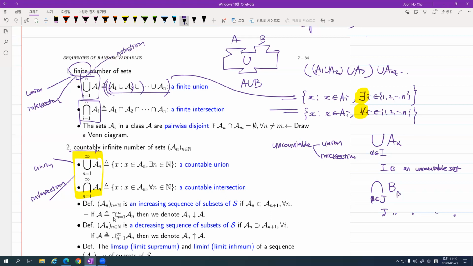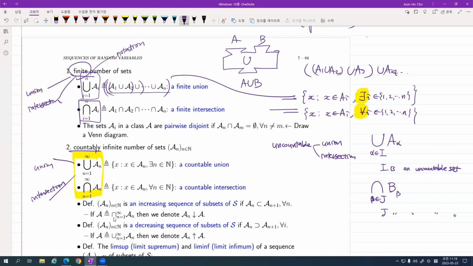And you may find it interesting because if you restrict this index set to a countably infinite set, what's the difference between this and that one? If you restrict the index set to a finite set, then what's the difference between this notation and that one?